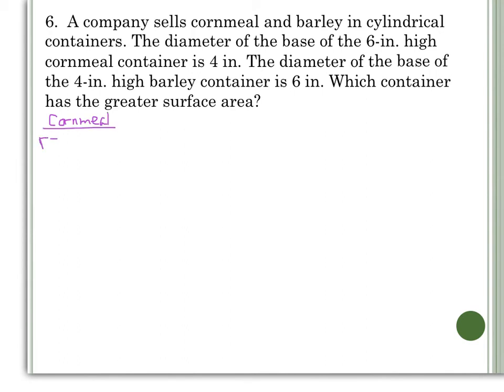Where our radius is 2 inches, because it said our diameter was 4, and our height is 6 inches. All right, so surface area will equal 2 pi times radius times height plus 2 pi times radius squared.